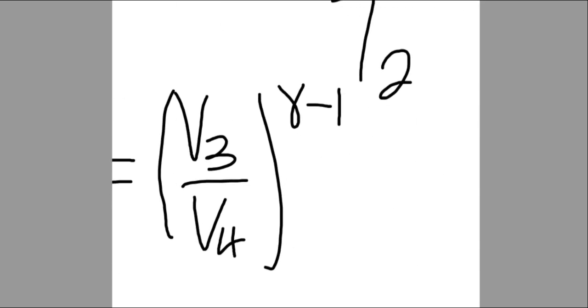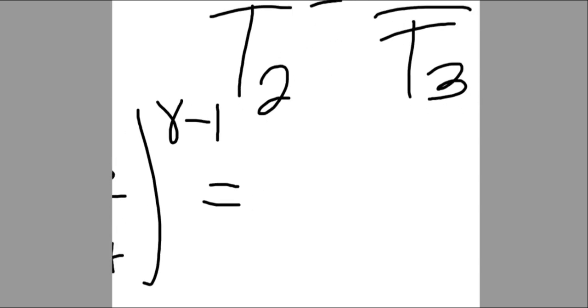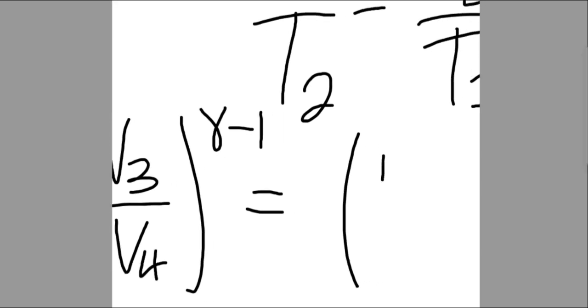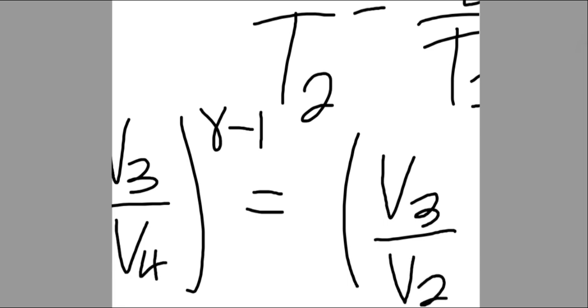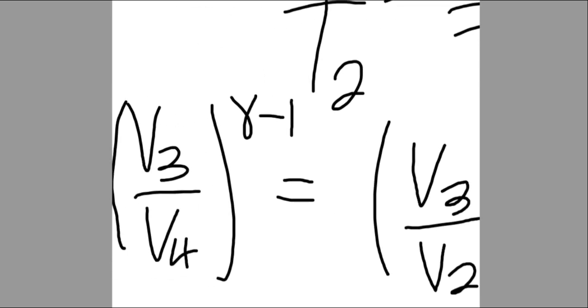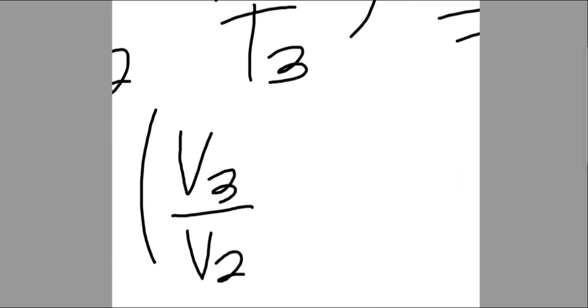So if we multiply this by V2 over V2, we can say this is equal to, we open a bracket, we multiply this by V2, we have V3 over V2 inside the bracket, and we have our V4 here, multiplied by V2 over V4.